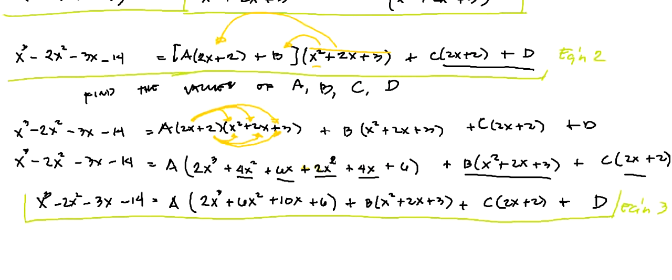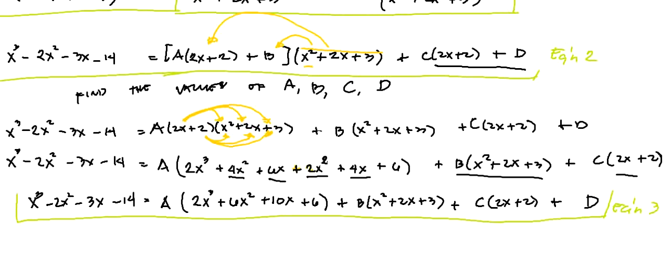Equation 3. Okay, so from here, to solve for the values of our A, B, C, and D, we will equate the coefficients. Coefficients of the same term at our left side of our equation to the right side of the equation.